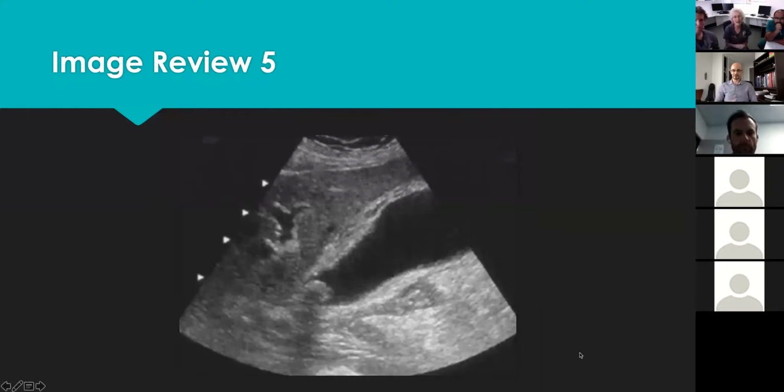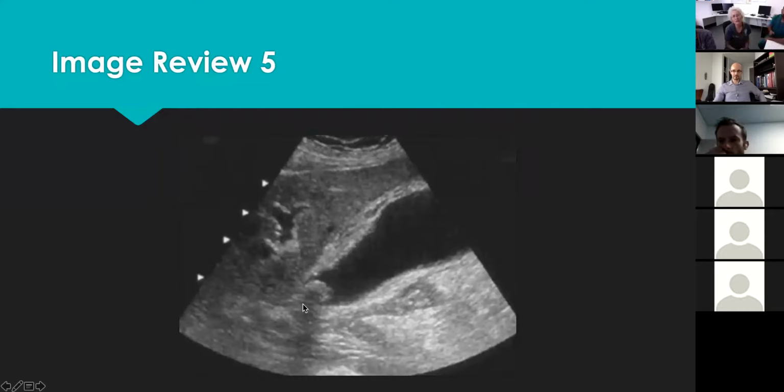So this is a longitudinal view of the gallbladder. The wall is a little bit hyperechoic, but can't reliably measure the width because it's too horizontal. There seems to be a denser shadow at the neck of the gallbladder, but we don't see a discrete black shadow behind that.